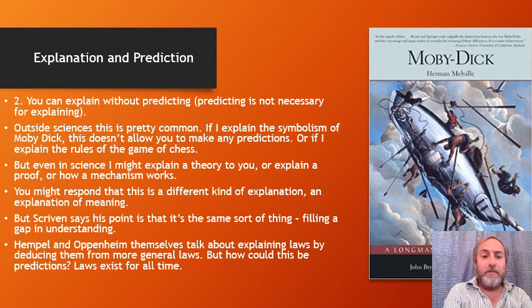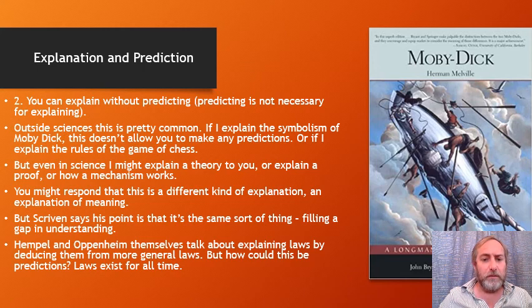But even within science, there is explanation that doesn't count as prediction. So I can explain Newton's theory to you without predicting anything. I could explain a mathematical proof that's involved in physics. I could even explain a mechanism. I could explain how a cell works to you, I could describe it, but that doesn't necessarily mean that I can predict the behavior of the cell.